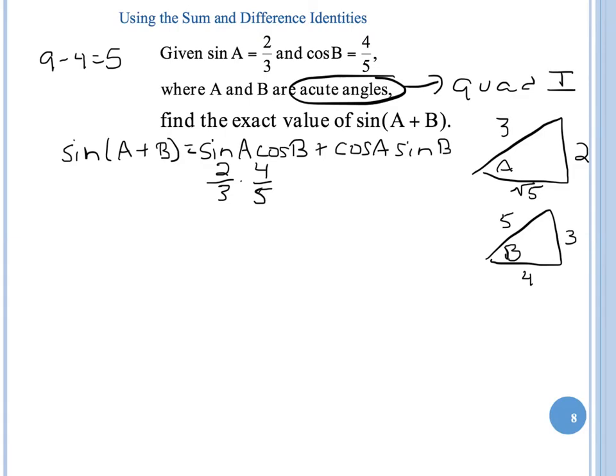The cosine of A is adjacent over hypotenuse from my A triangle, and the sine of B is opposite over hypotenuse in the second triangle for B. So that would give me 8 over 15 plus 3 square root of 5 over 15.